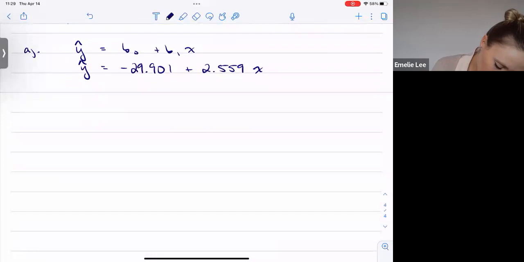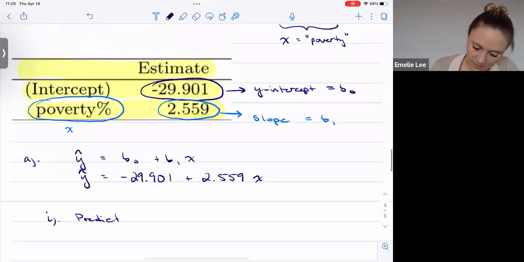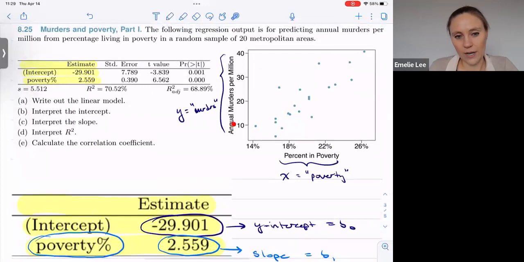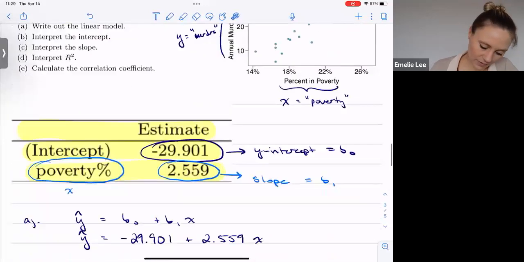Predict Y, right? We're always predicting Y. Predict the annual murders per million for a state with 22% poverty. Okay.